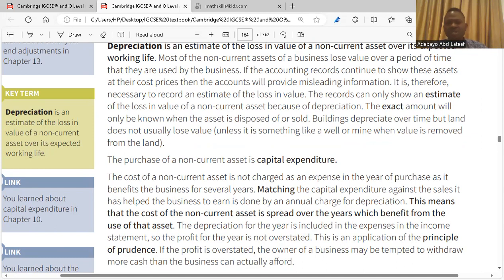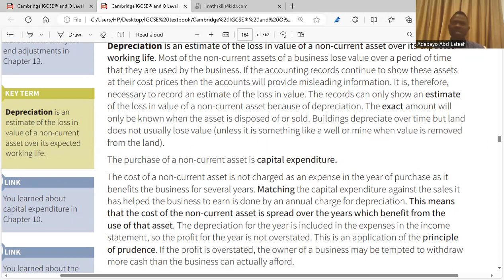If the accounting records continue to show these assets at their cost price, then the accounts will provide misleading information. We've bought this equipment. We cannot continue to write the same cost of the equipment. We can't continue to write the historic cost for each year that passes by, because that asset will wear and tear. So if we are writing the same value of equipment for last year, this year and next year, we are giving misleading information.